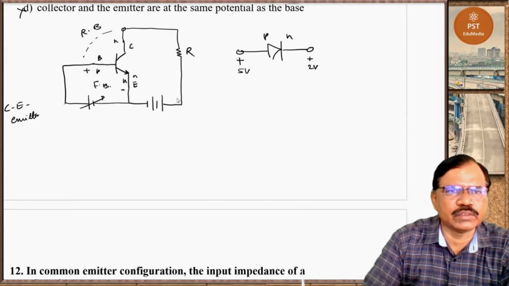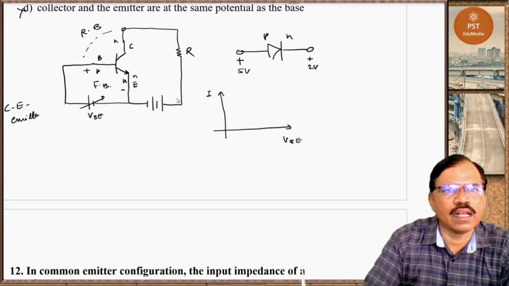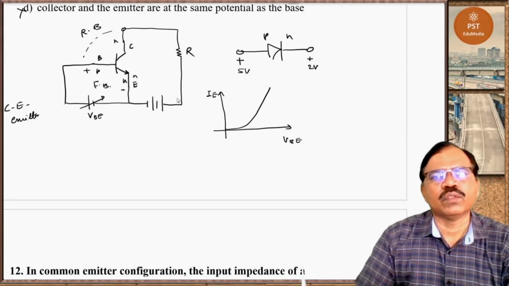If we vary this VBE, so if we plot graph of VBE versus IE, or IC, you will get like this.